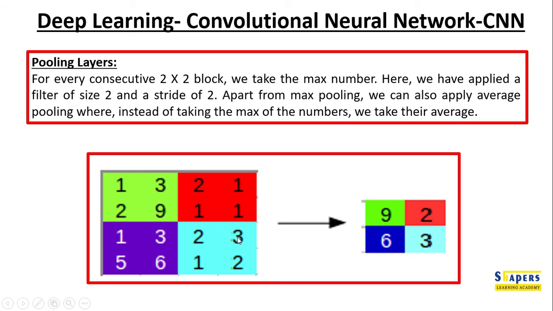The other concept is where we stride and take the average of the 4 values. So 9 plus 3 plus 1 plus 2 divided by 4 gives the value here. That's called average pooling.